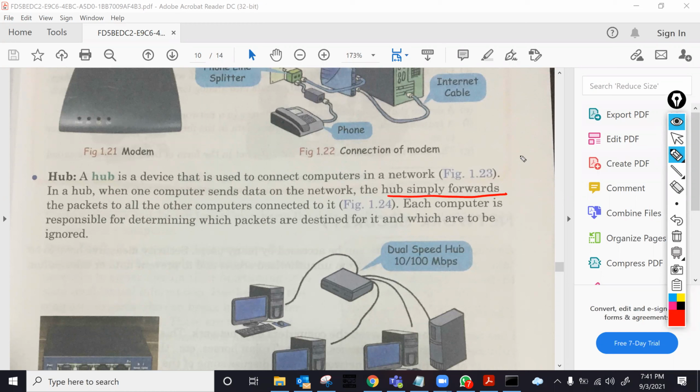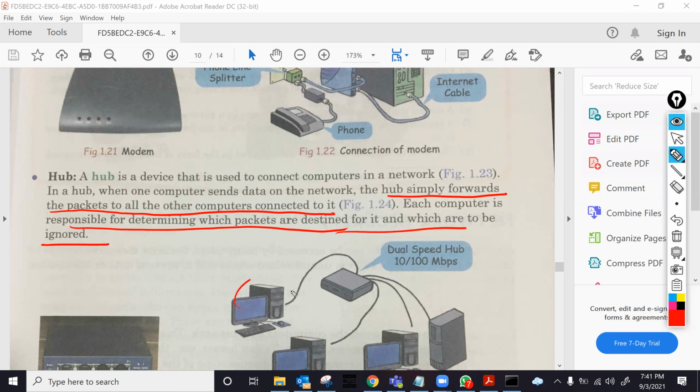Without knowing anything, it forwards or broadcasts to all the computers. Which is a useless thing, no? Each computer is responsible for determining whether the packet is destined for that site.